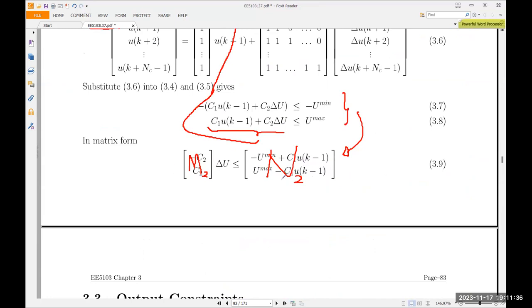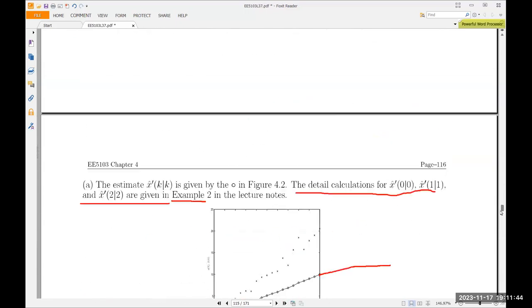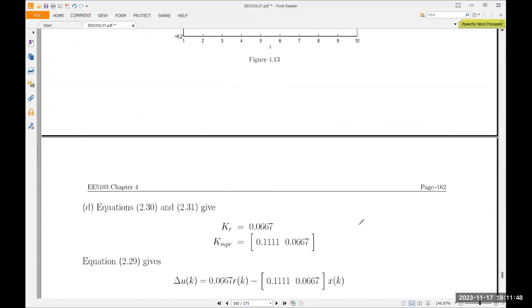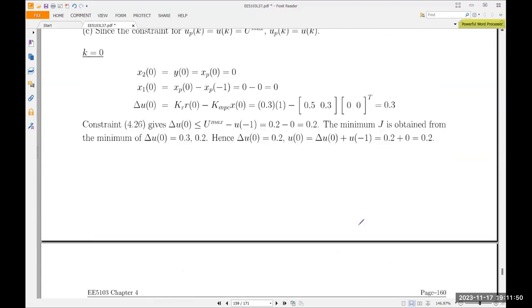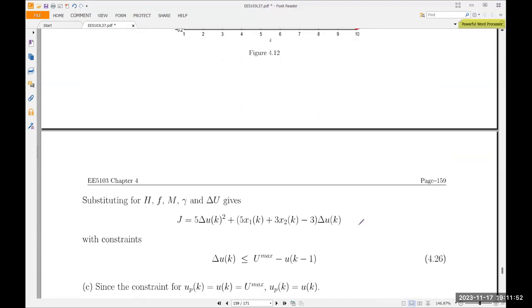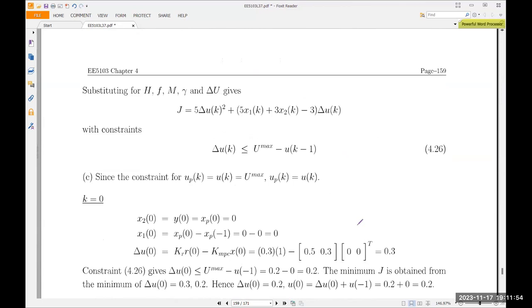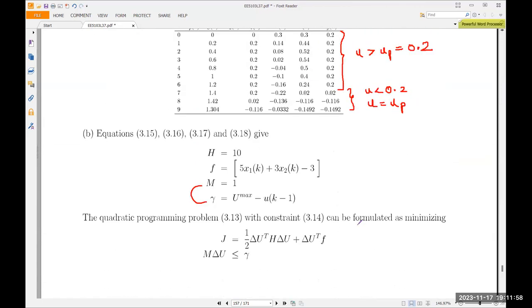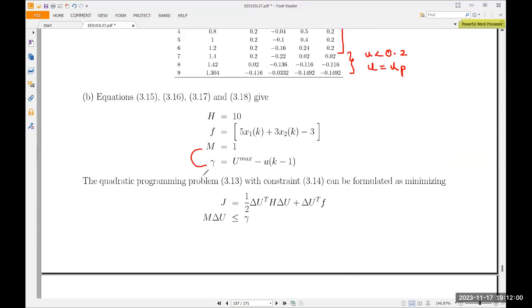So that would be your M and your gamma. If you look, then it is given here.